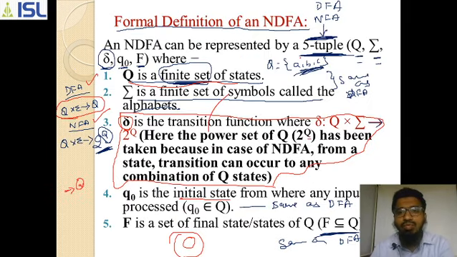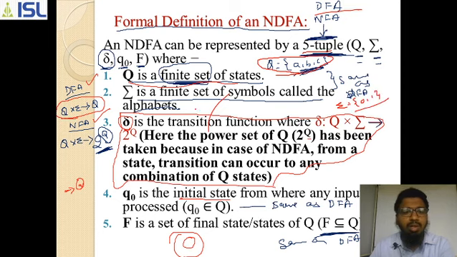Here also the 5-tuple is the same as DFA: Q, sigma, delta, Q0 and F. Q is a finite set of states, sigma is a finite set of symbols called the alphabet, for example 0 comma 1.